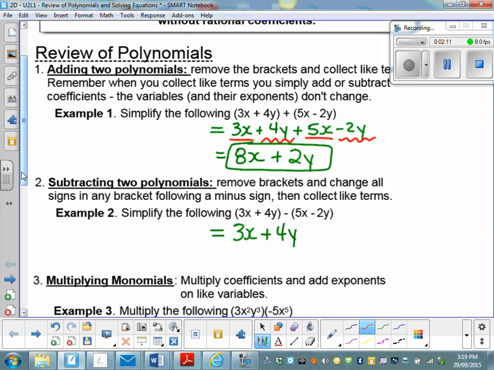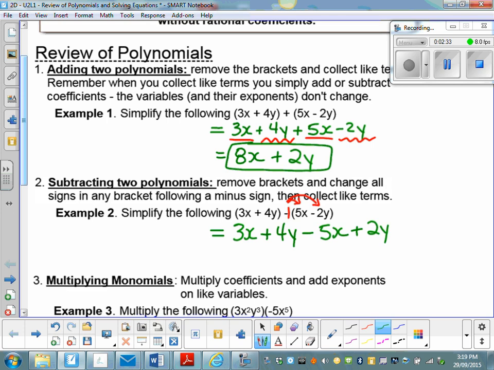Or if you want to think of it, it's like there's a minus 1 in front of that bracket, and that minus 1 is going to multiply by each term inside the bracket. So the plus 5x in that second bracket changes to minus 5x, and the minus 2y changes to plus 2y.